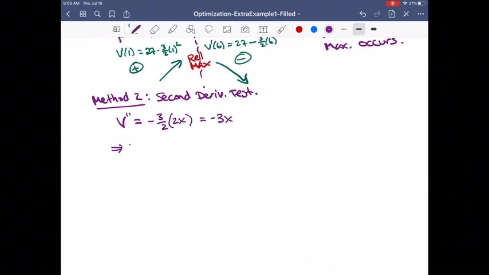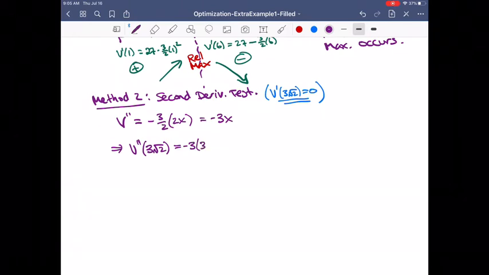If I plug in my critical number, maybe I should make a note here: the derivative at my critical number is 0. That's why I'm allowed to use this test. When I plug this into the second derivative, I have negative 3 times 3 root 2. I don't actually care what this number is.